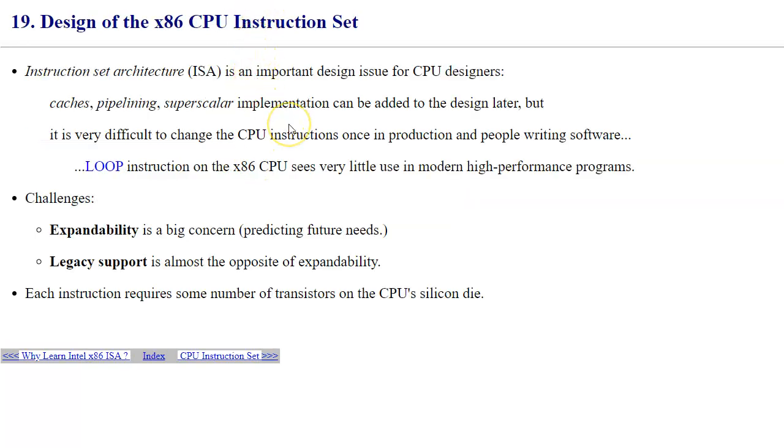The highlights of instruction set design on a specific CPU, and by the way, x86 refers to the 32-bit version of Intel architecture. The instruction set architecture is an important design issue for CPU designers.